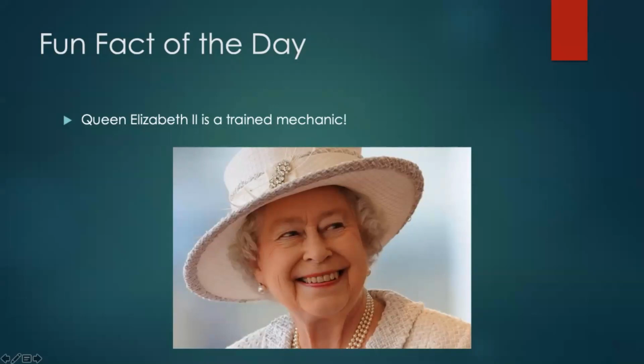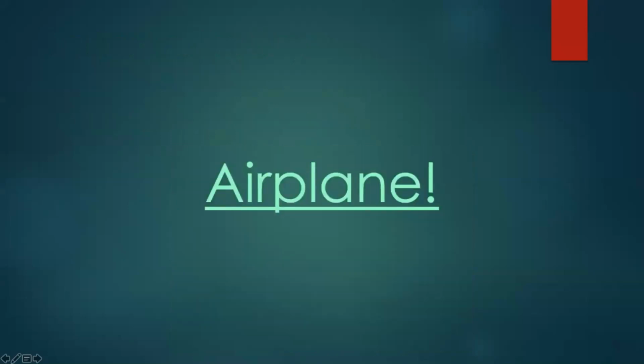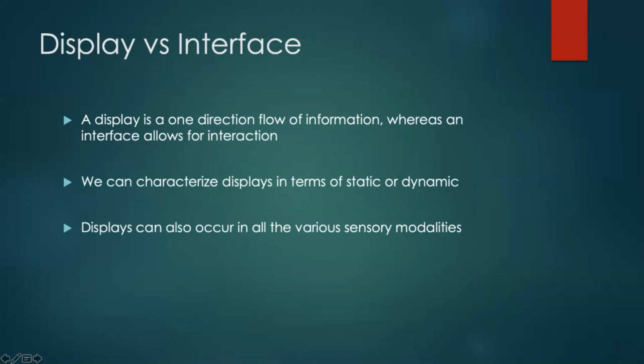And obviously, I brought that up because today we are talking about displays. So, it's important to make a distinction between a display and an interface. A display is just going to be one directional. It gives you information.